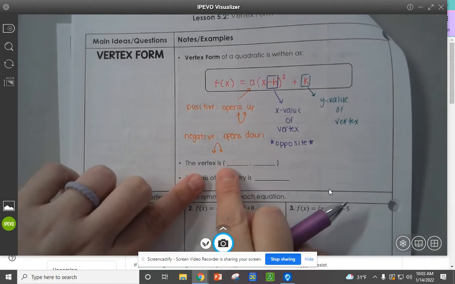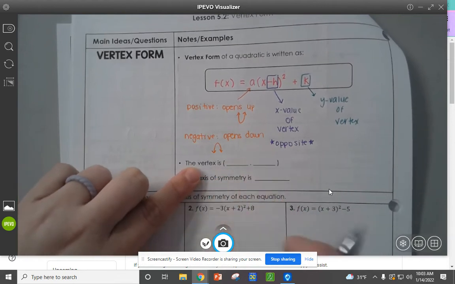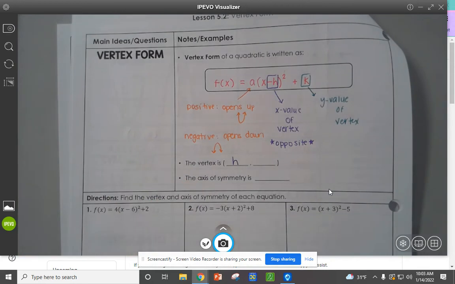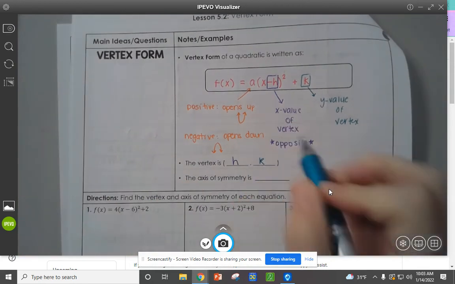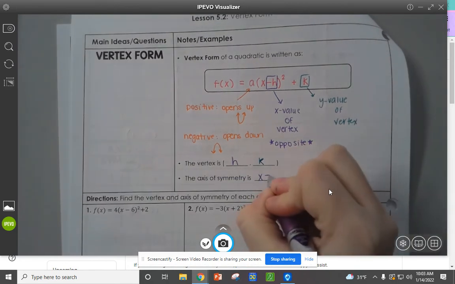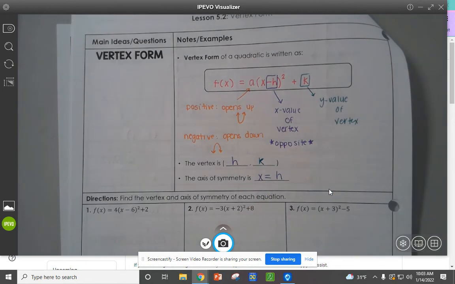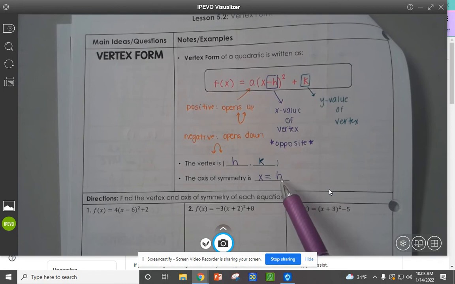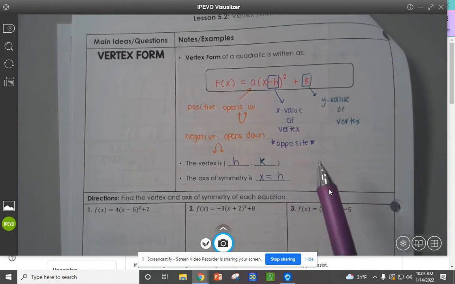So just in general, your vertex is (h, k). And the axis of symmetry is x equals h. Remember, you have to include the x equals as part of your axis of symmetry. If you don't include that, it's incorrect.